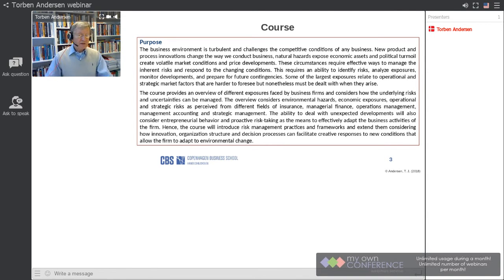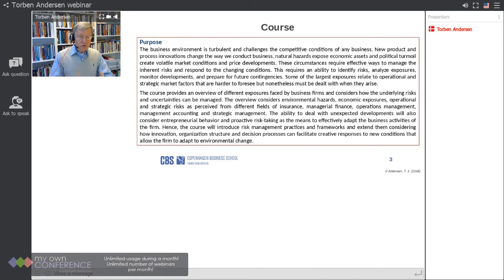And these risks, we would like in this course to discuss the types of risks, how we can deal with these risks in order to avoid the negative consequences and hopefully also use the underlying volatility to find positive solutions for the future.